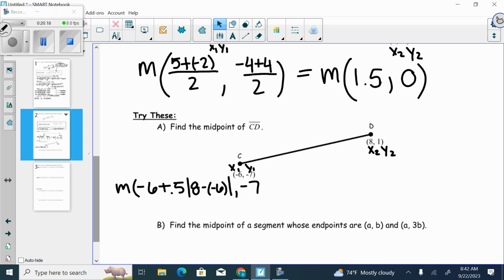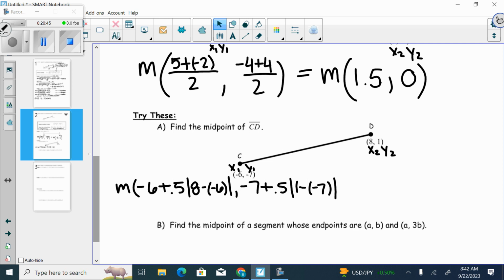And then are we going up or are we going down? Up. So I would use plus 0.5 times the absolute value of y2 minus y1, which would be 1 minus -7, right?